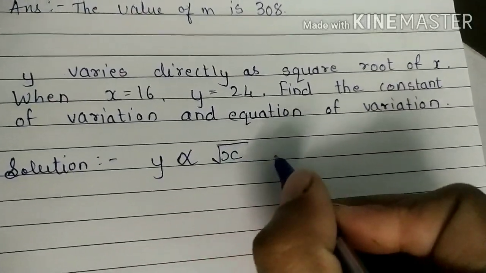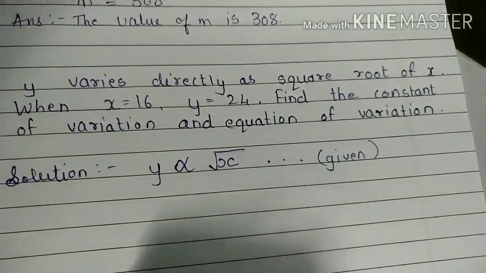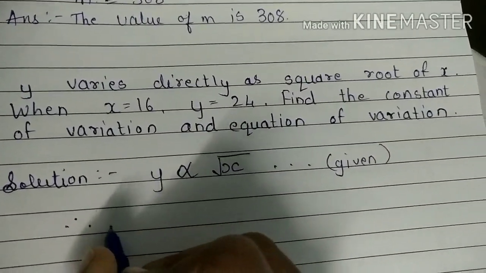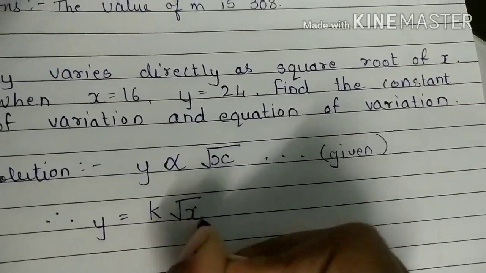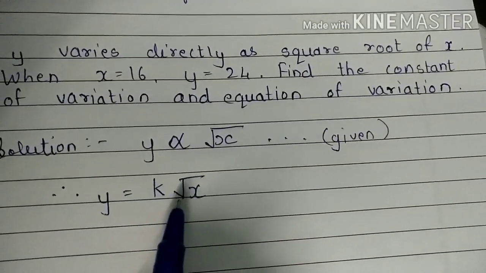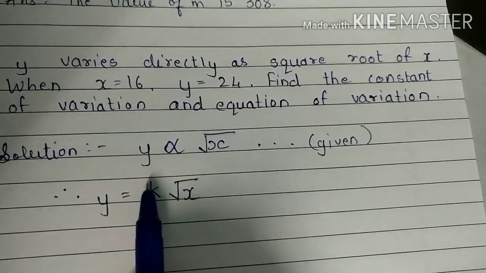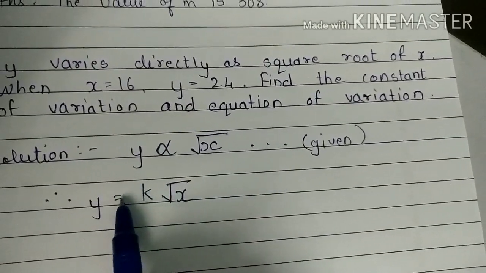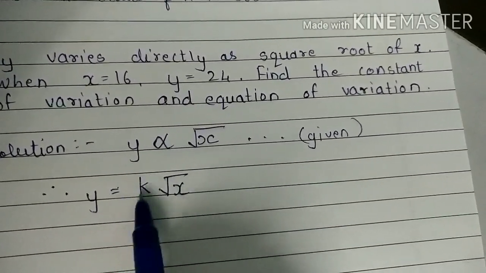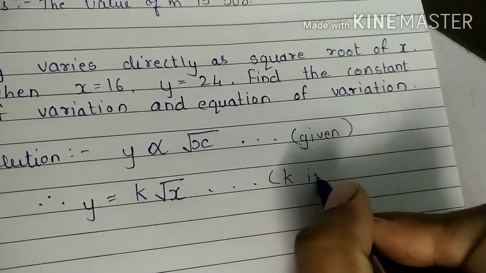Now if this is what is given to us, how will you write the constant? That is y is equal to k into root over x, right? That's how we write. So I removed this variable sign and I replaced it with is equal to k. So here, k is the constant.